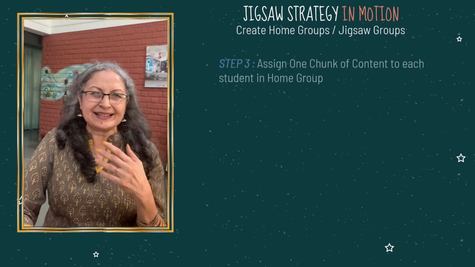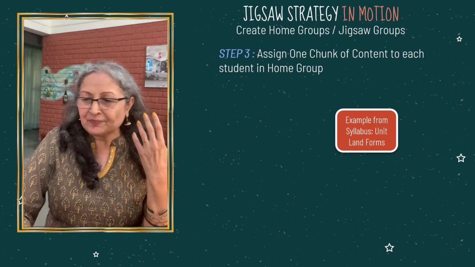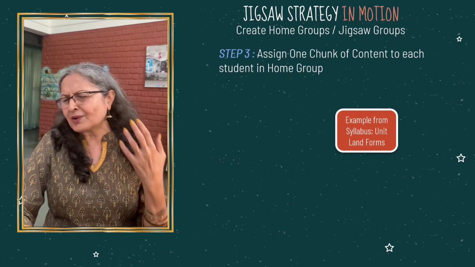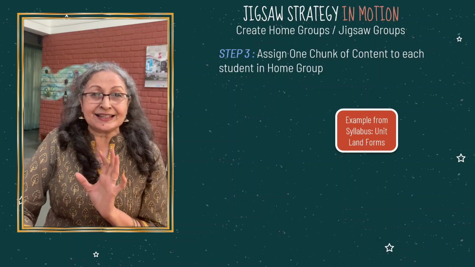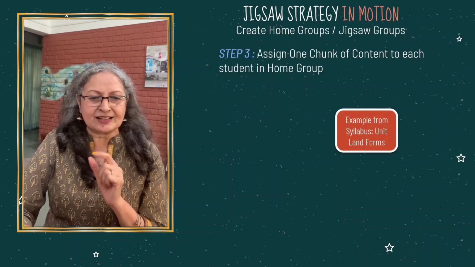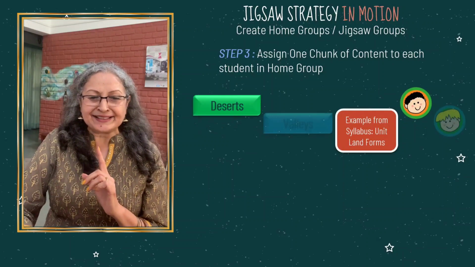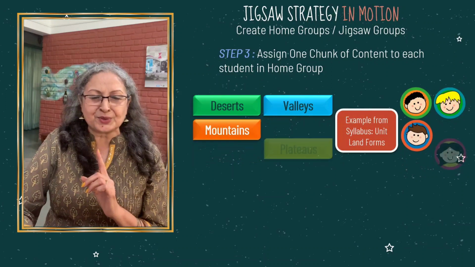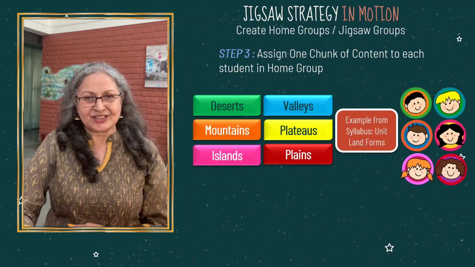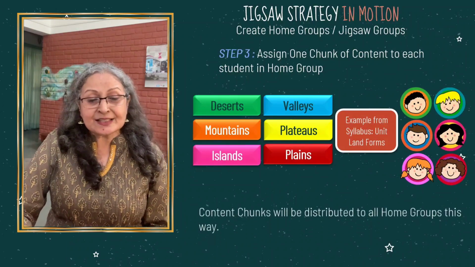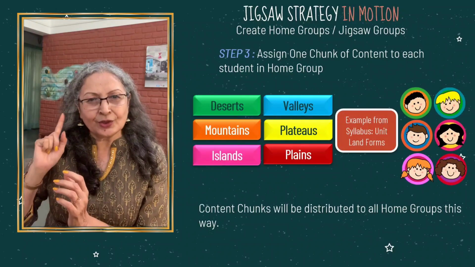Just to make it simple, you can take anything: cell, microbiology, biology, chemistry, acids, bases, salts, rocks, minerals, poetry. You can just divide it into segments and chunks. So I've got deserts to one child, valleys to another child, mountains to the third, plateaus to the fourth, islands to the fifth, and plains to the sixth child. This is the way I divide my content chunks to the children in the home group.